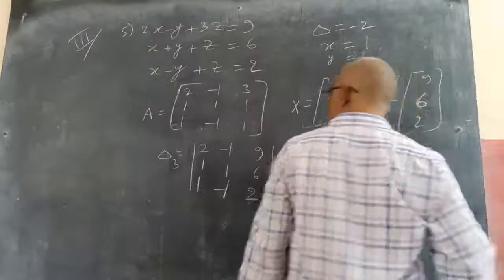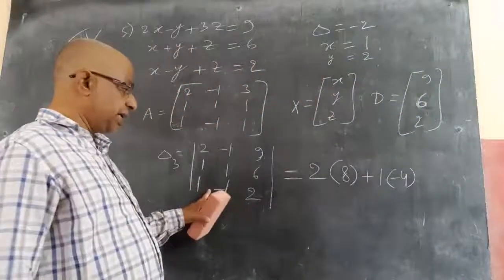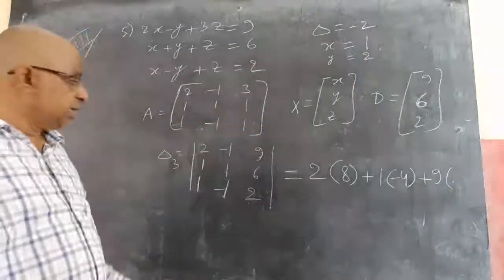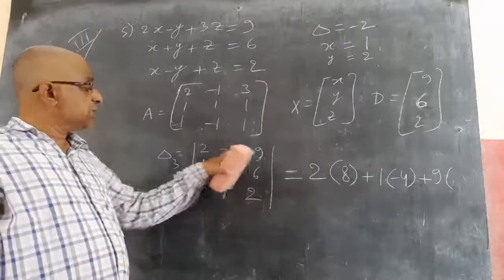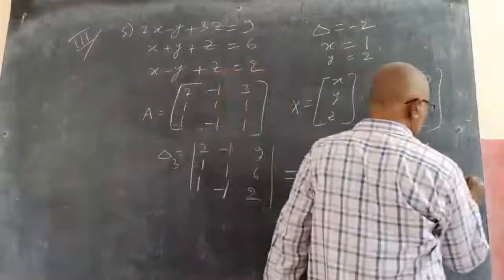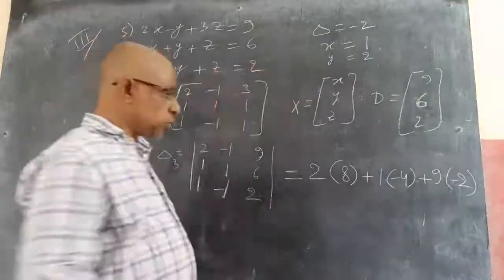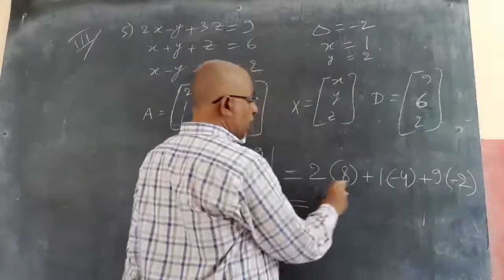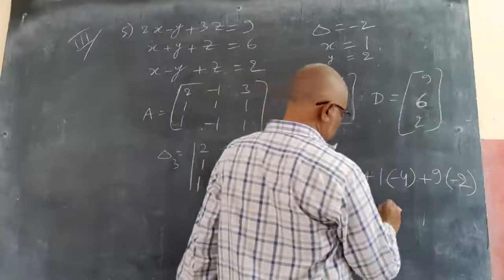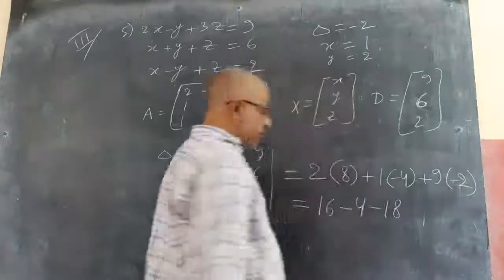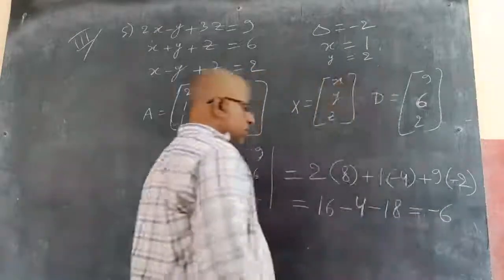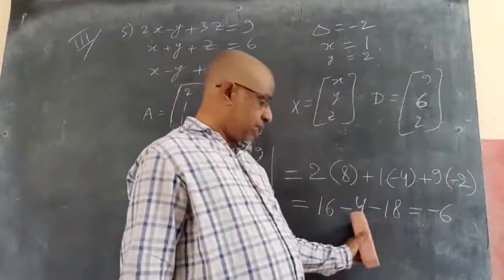Plus 9 into, replacing this column, what is left out is this: minus 1, minus 1, minus 2. Now 2 times 8 is 16, minus 4, minus 18, so gives me minus 6.